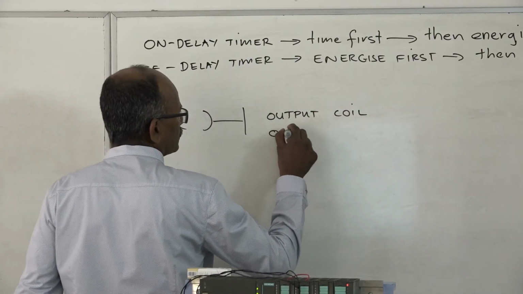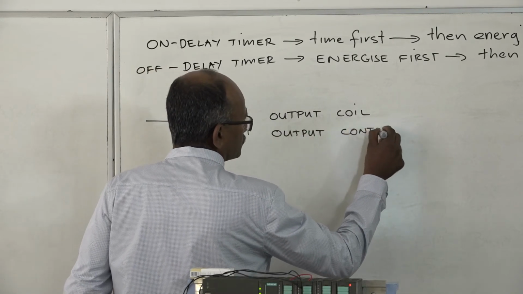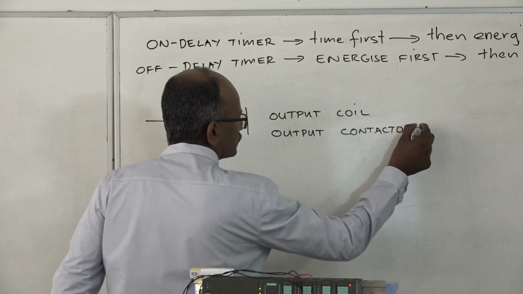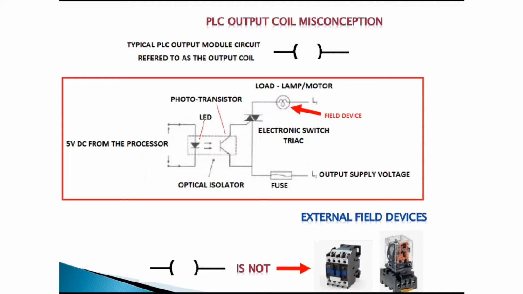Output coil or output contactor. Okay. Most people actually think that it is the same sort of contactor or relay that I've listed in the diagram here, which are actually your field devices.